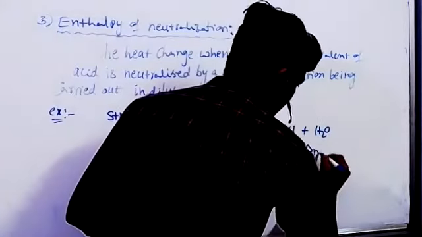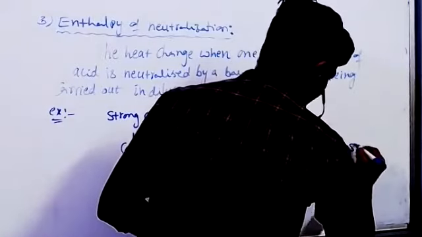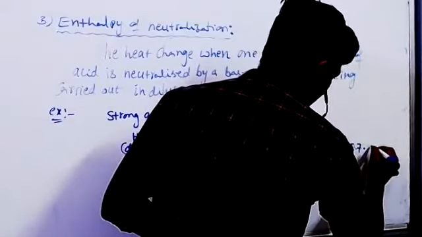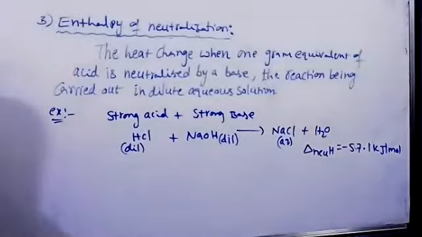The enthalpy of neutralization is minus 57.1 kilojoule per mole. So neutralization of any strong acid with a strong base releases 57.1 kilojoule of energy.